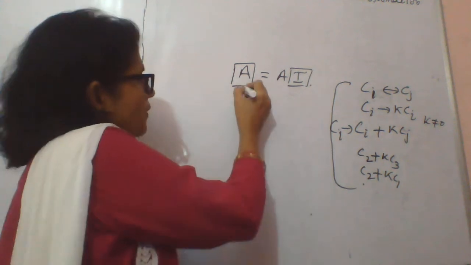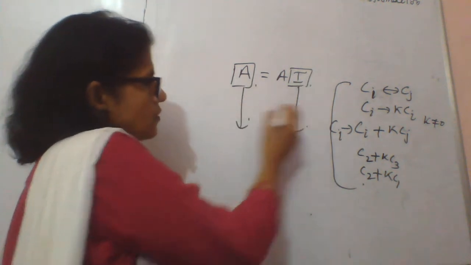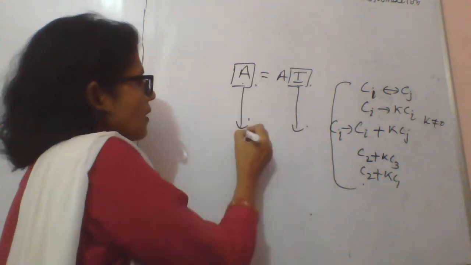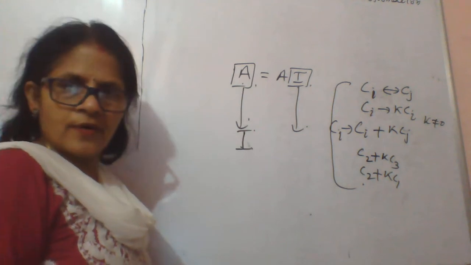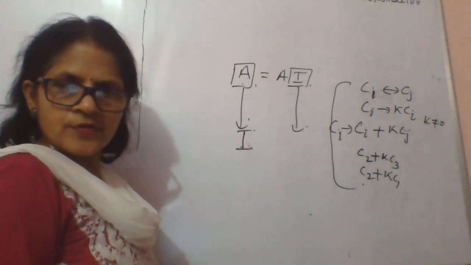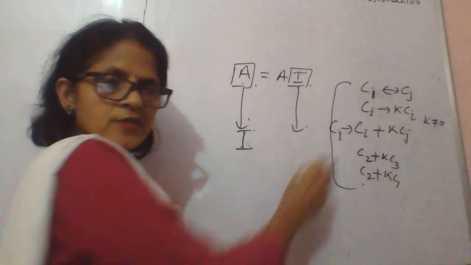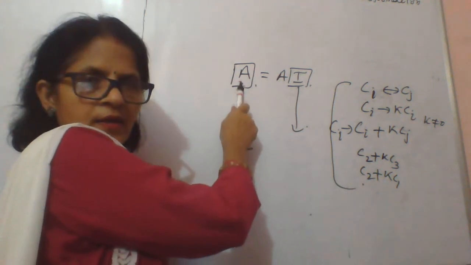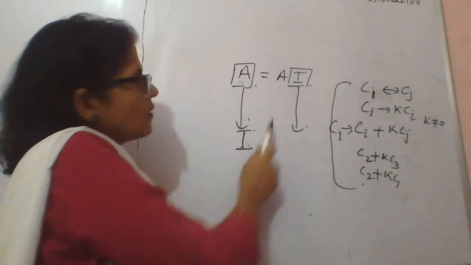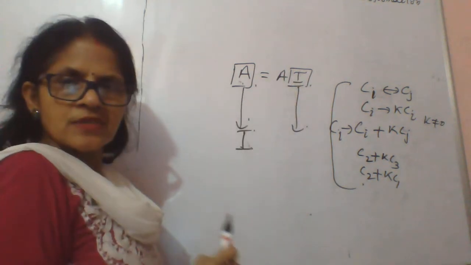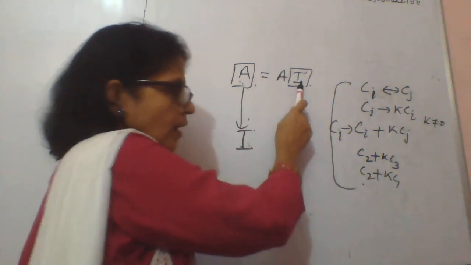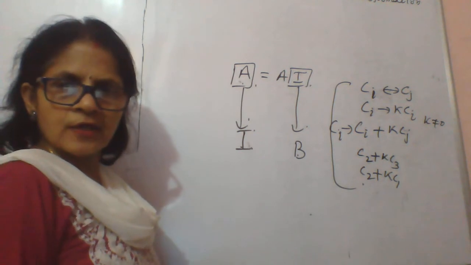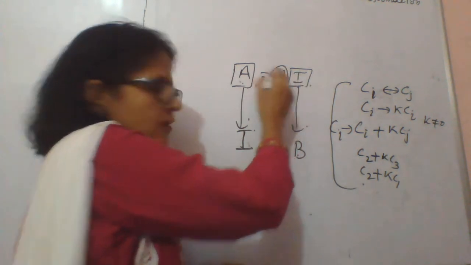Okay, so here the operations will be applied on A so that I will be coming here. It means whichever operation we require, we apply on A so that A will be reduced to I, and at the same time the same operations will be applied on I. This I will be reduced to some other matrix, let it be B, and this A will remain unchanged.